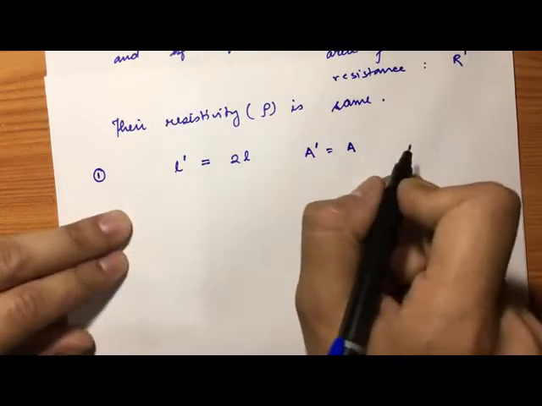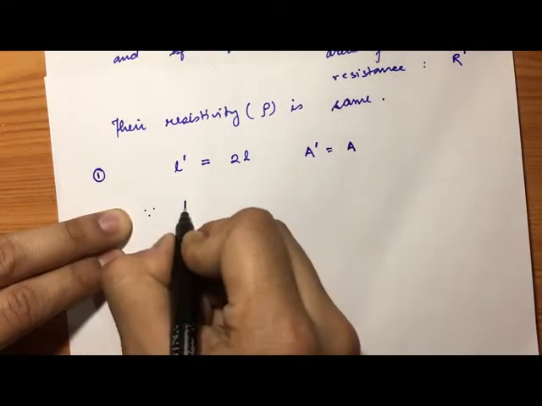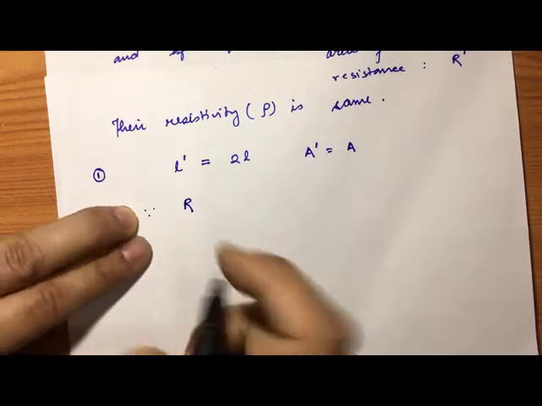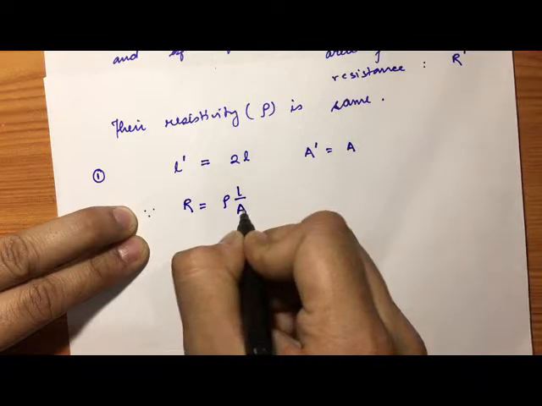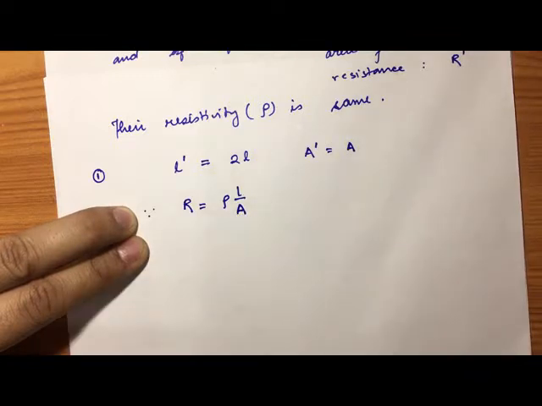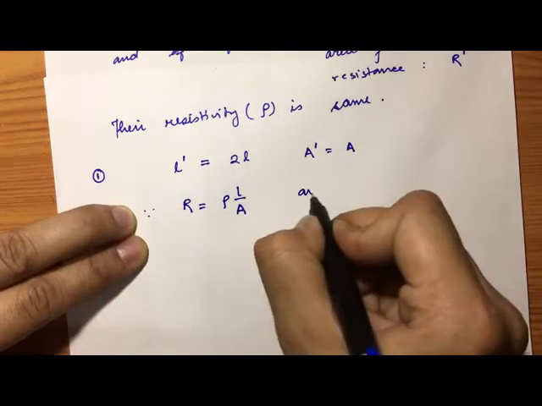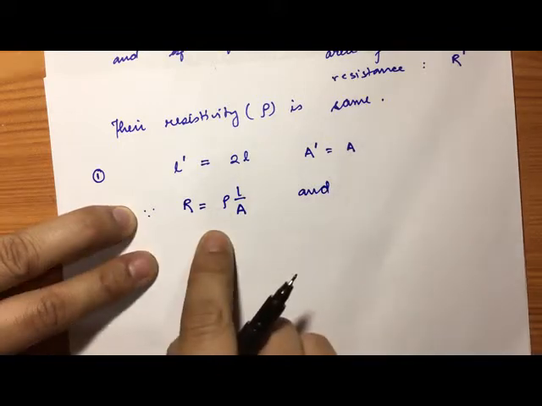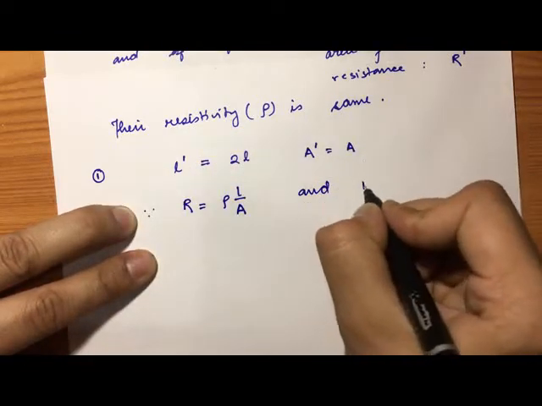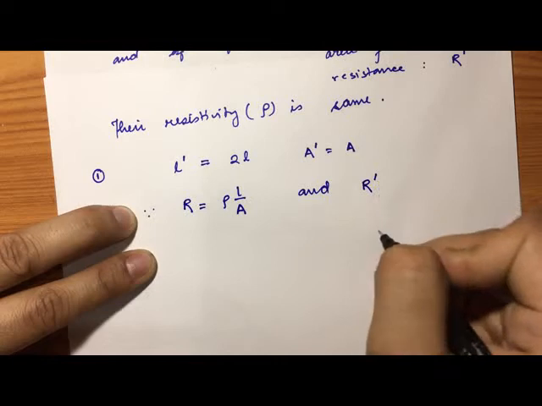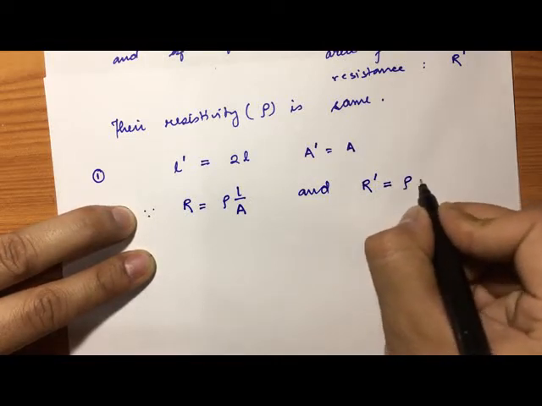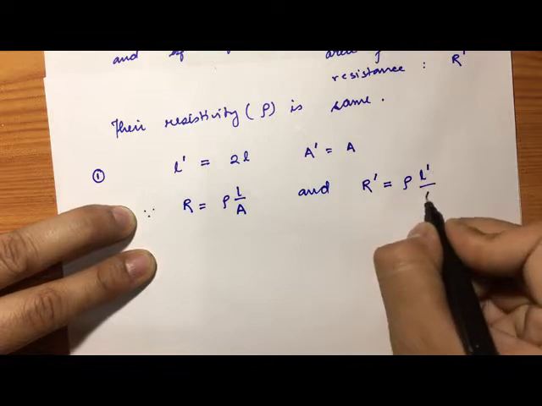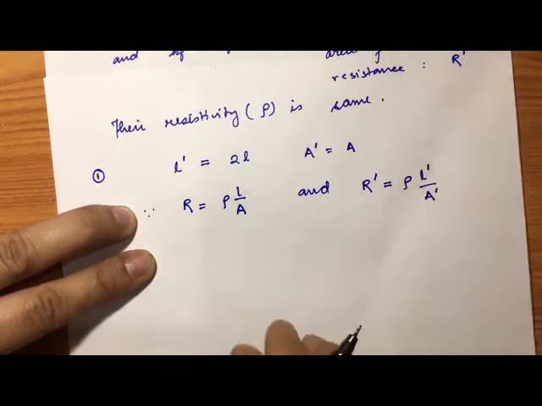Okay, now since R equal to rho times L divided by A, and this is the older case, after changes its resistance is R prime and it is equal to rho times L prime divided by A prime.